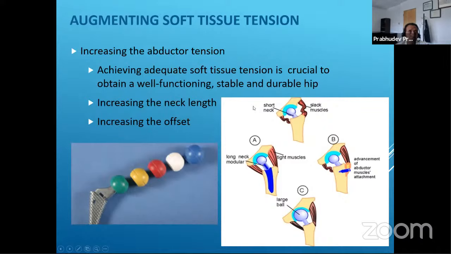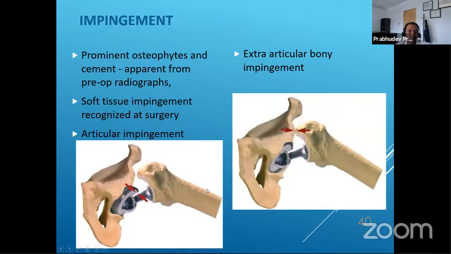So, impingement. The prominent osteophytes and cement can sometimes be seen on the preoperative radiographs. And if it is soft tissue, sometimes we might be able to see that intraoperatively, like a big piece of labrum which has not been removed, or capsule which is impinging between the cup and the femoral neck.